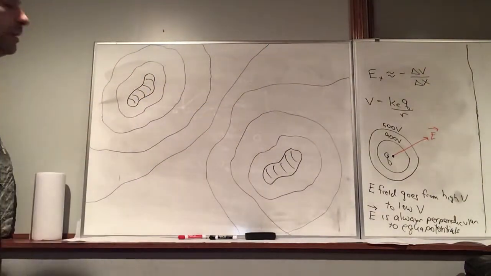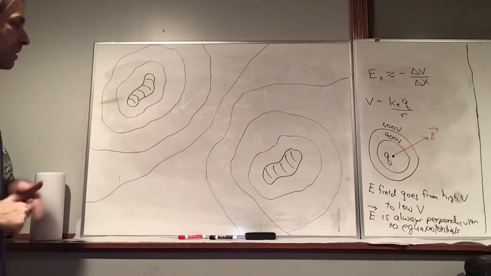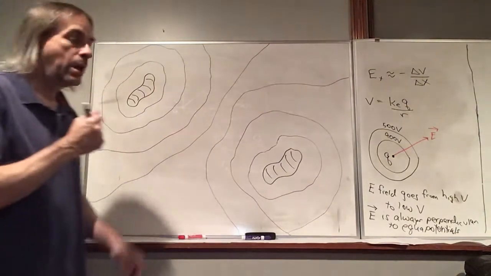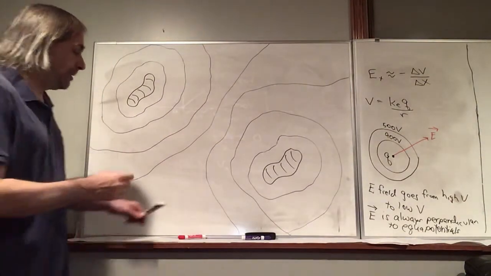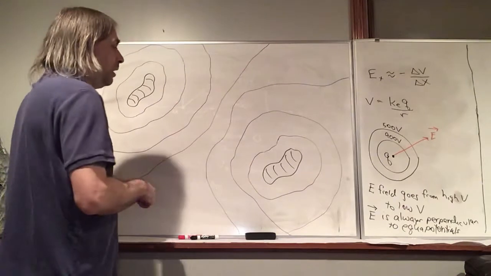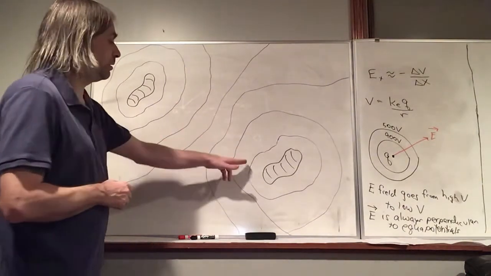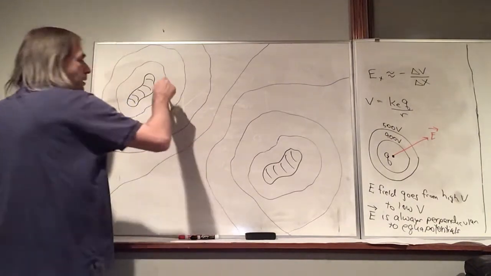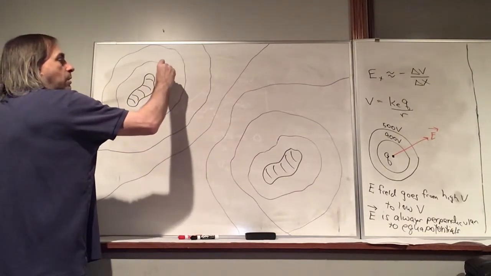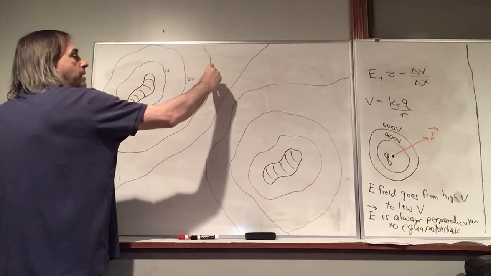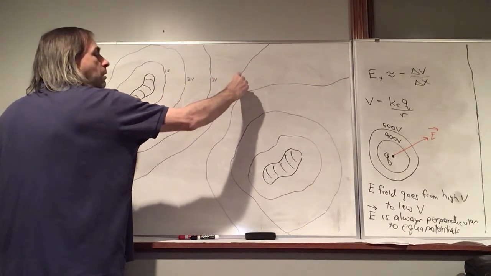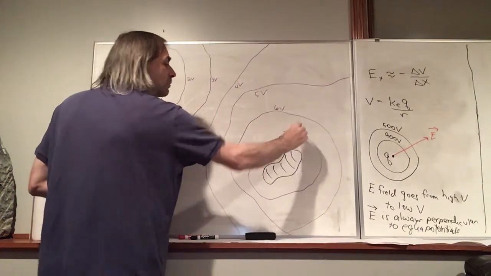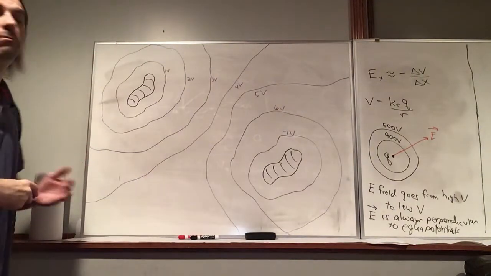I'll just stop there. We can always draw more lines. But say we know what the potential in this region looks like. Oh yeah, I'm going to give numbers to these as well. Let's just start here. Let's say this is 1 volt. Stick with simple numbers. 3 volts. Okay, so I just gave numbers.